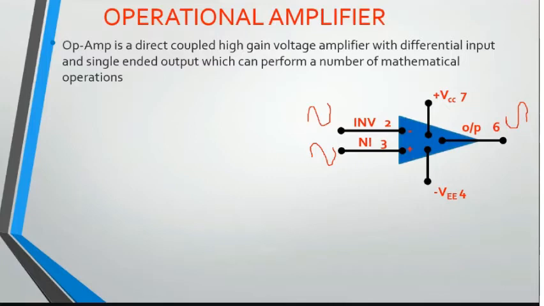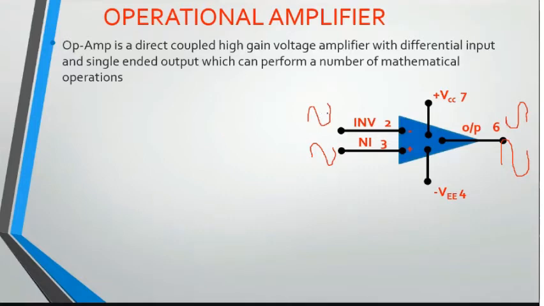The name itself tells you everything. Non-inverting terminal, here you have a plus sign. Plus sign means there is going to be no phase difference. You are going to get only the amplified wave at the output.